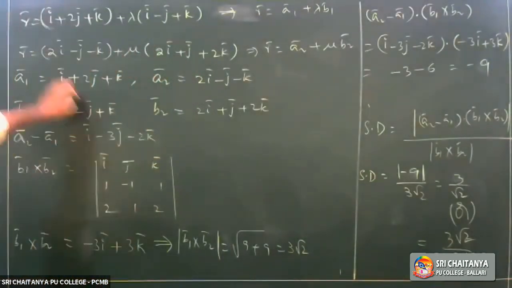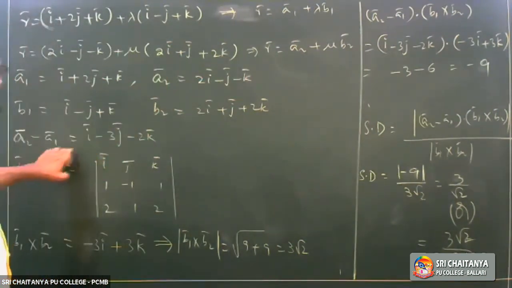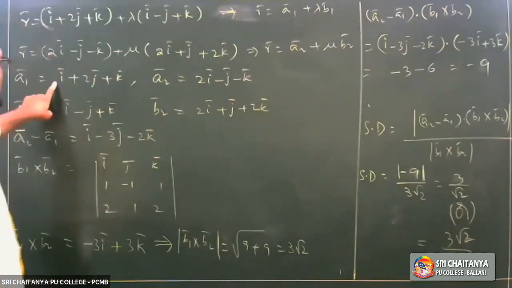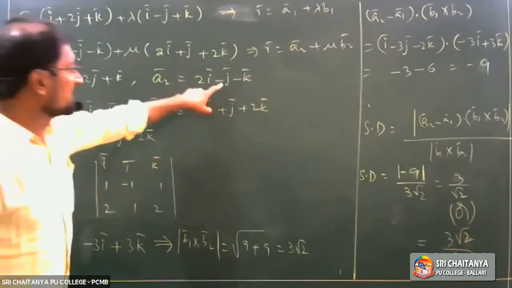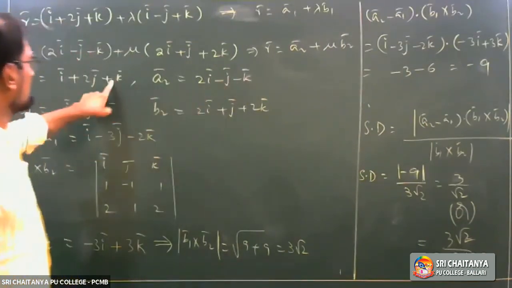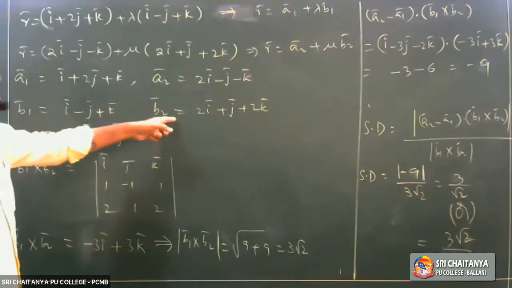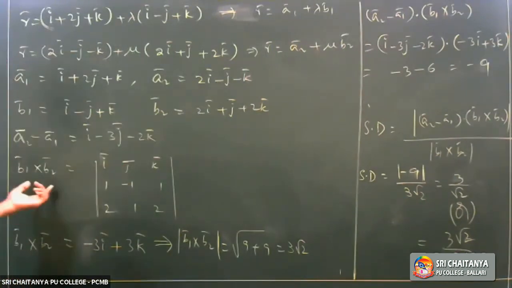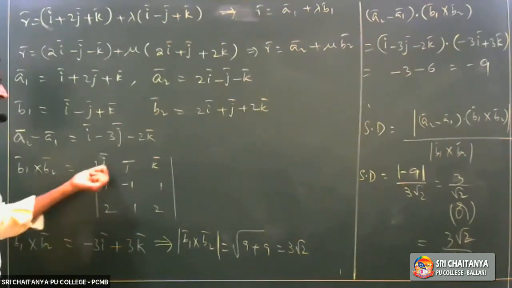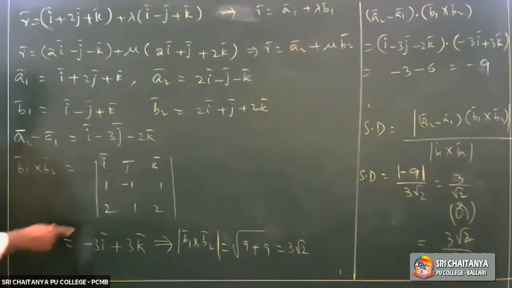Now, A1 bar is equal to this and A2 bar is equal to this. A2 bar minus A1 bar: 2 minus 1, 1; minus 1, minus 2, minus 3; minus 1, minus 1, minus 2. Here you got B1, B2. I found B1 bar cross B2 bar by using the determinant of i, j, k and all the values. Now I am going to repeat this.